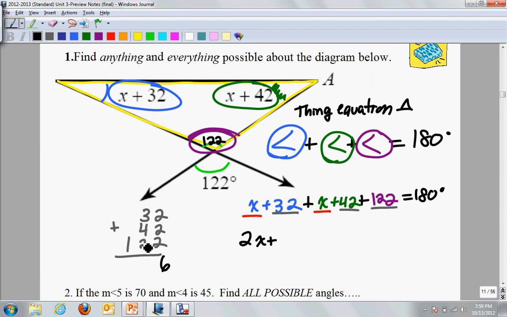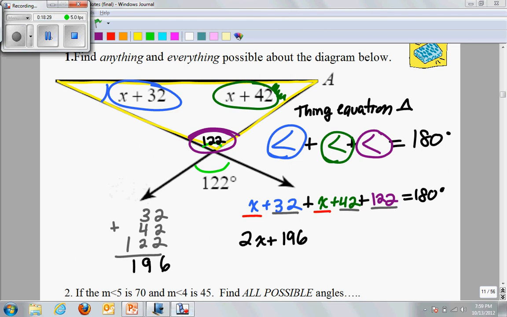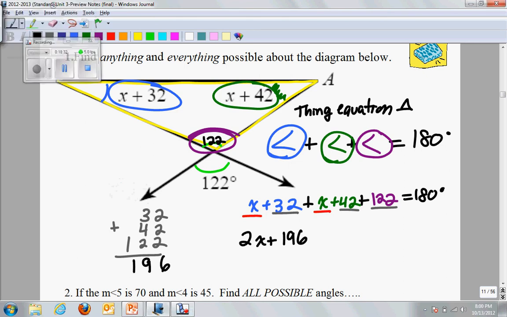Plus 2 again is 9. And then 1. So I have 196 equals 180.